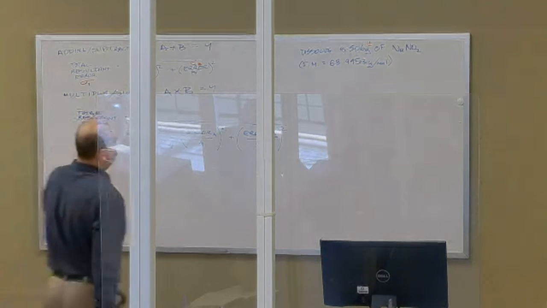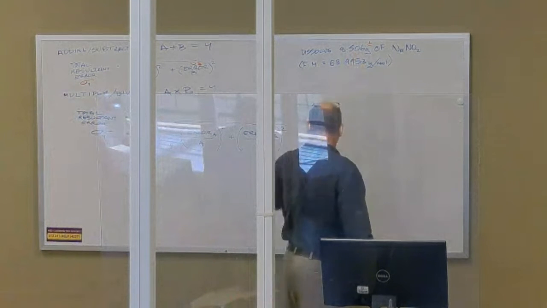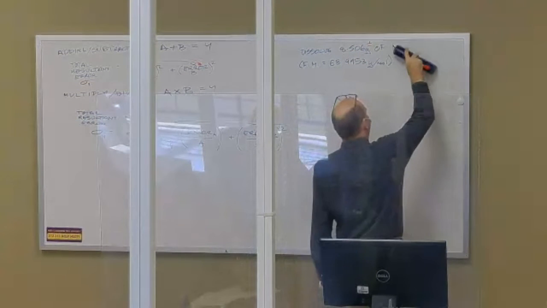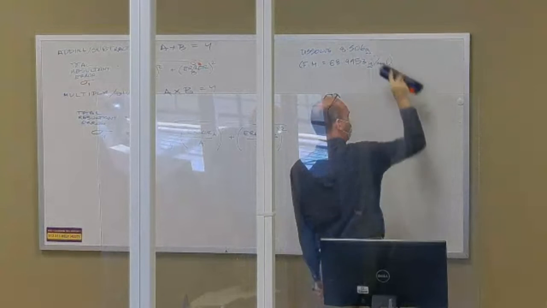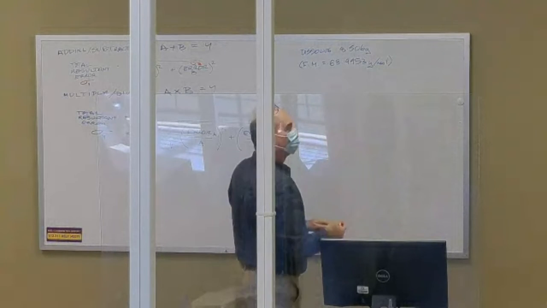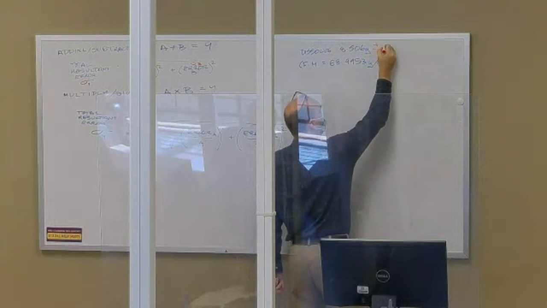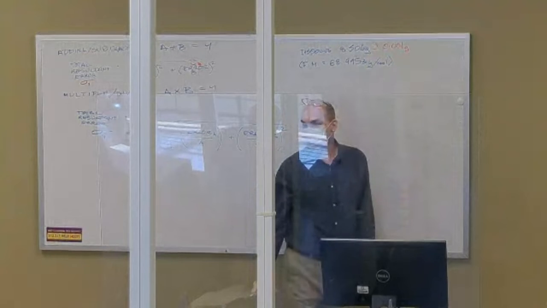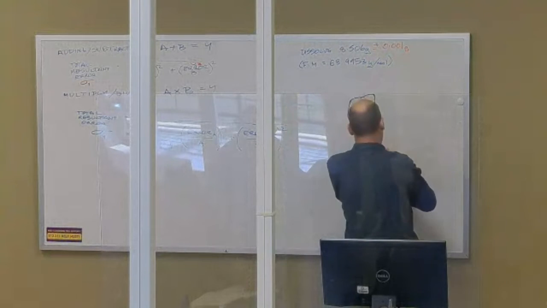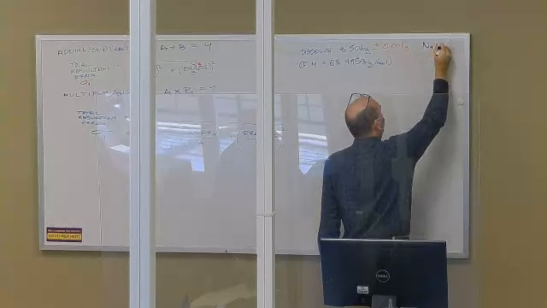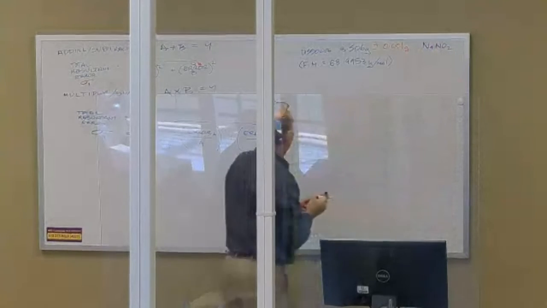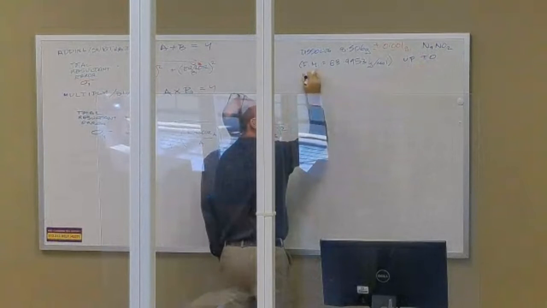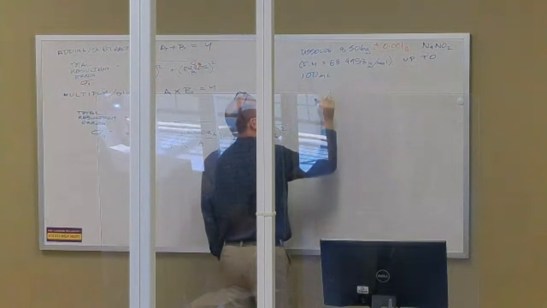So if my balance can measure this to 1 milligram, how many grams is that? So I'm going to dissolve that up to 100 milliliters.